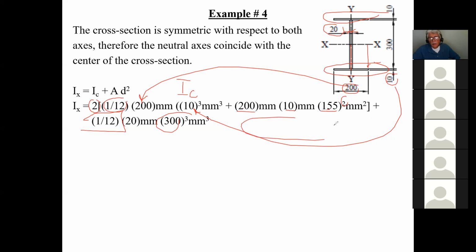Why don't I have an AD squared here? When I'm doing this for this section here, why don't I have an AD squared?